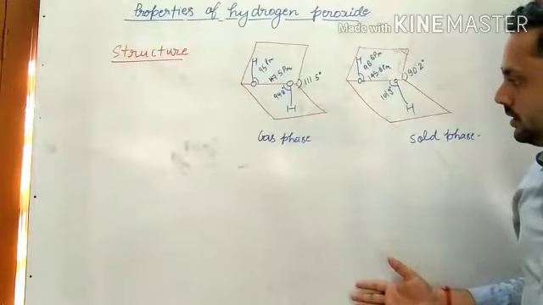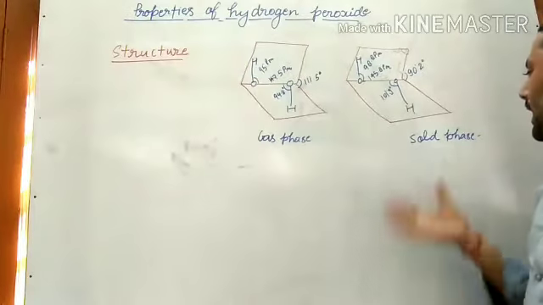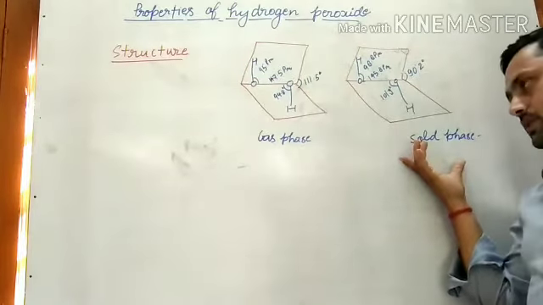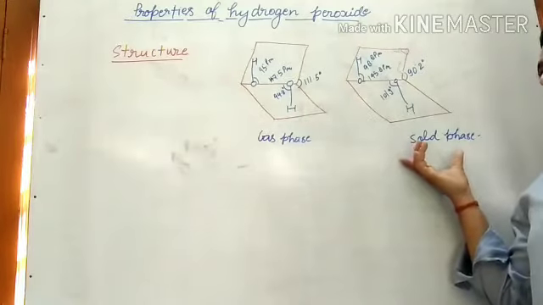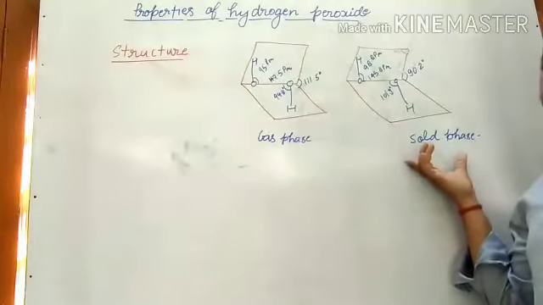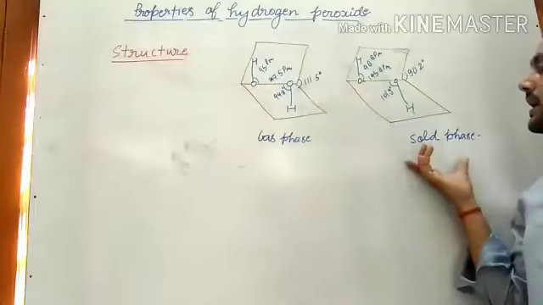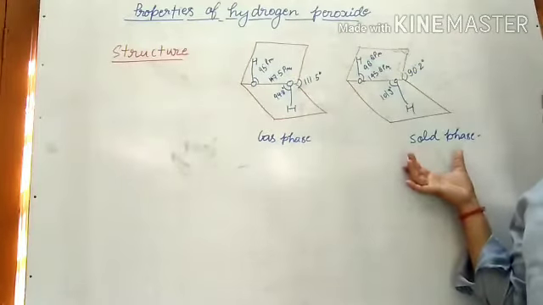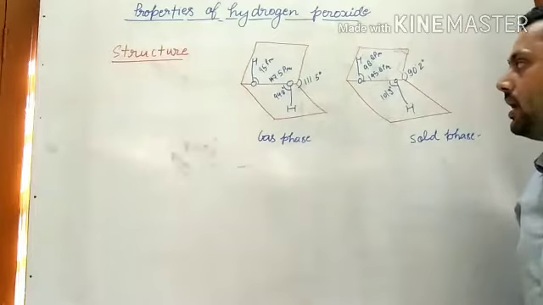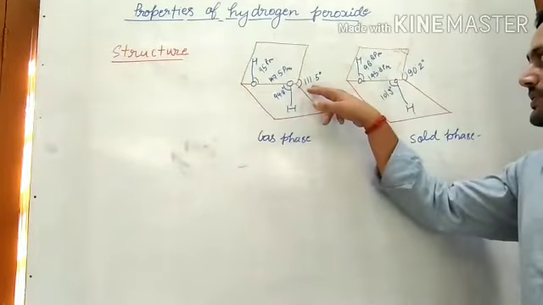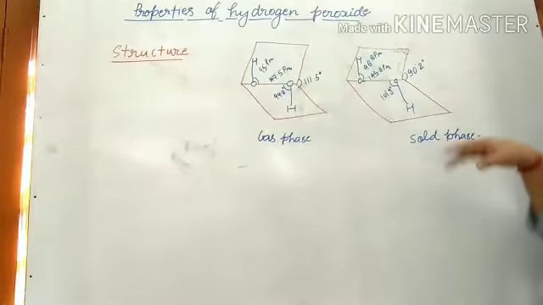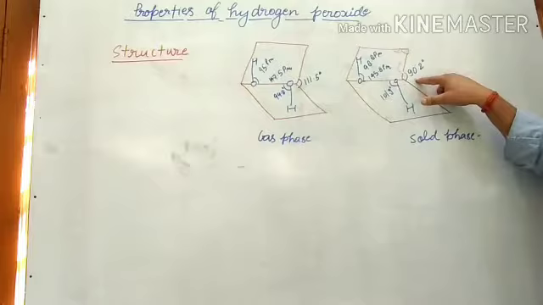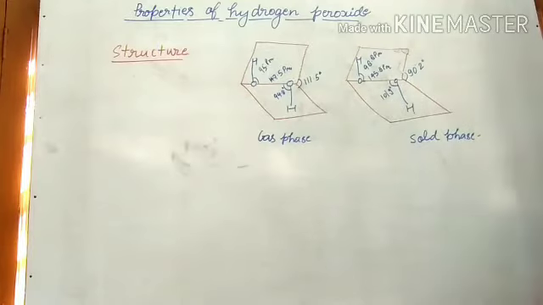In the gas phase and solid phase, in both phases it has a non-planar structure, but it has some difference in dihedral angle: in the gas phase it is 111.5 degrees and in the solid phase it is 90.2 degrees.